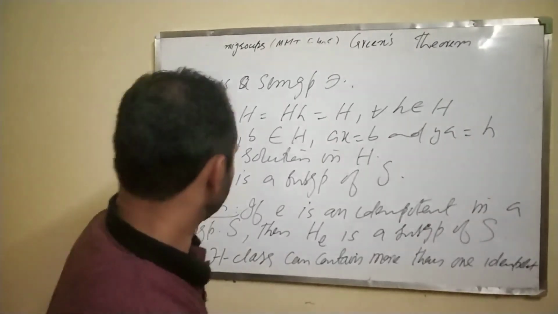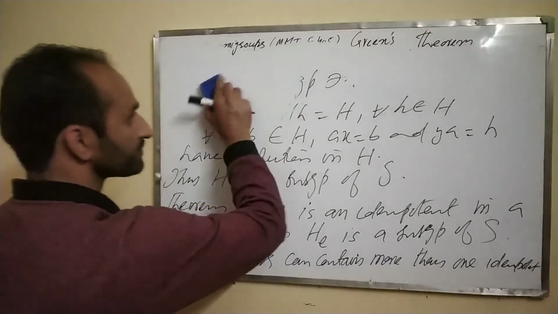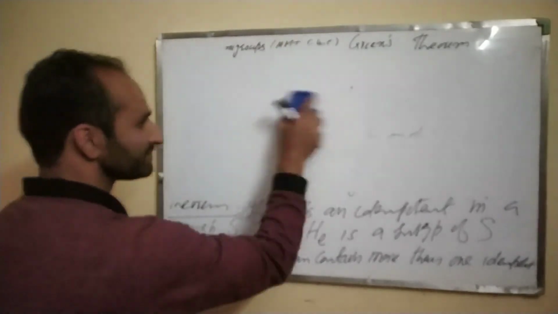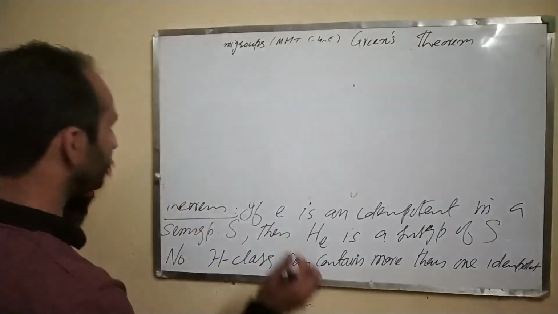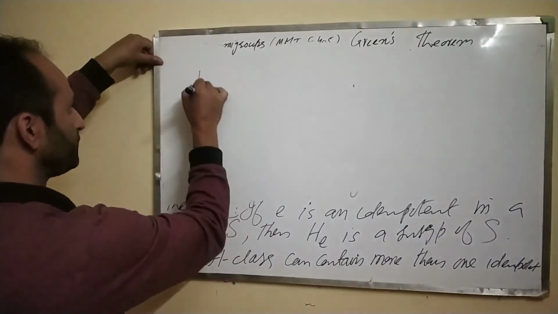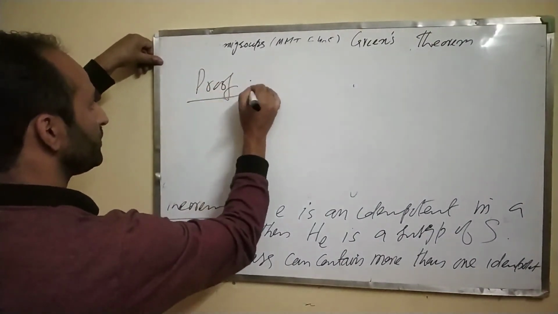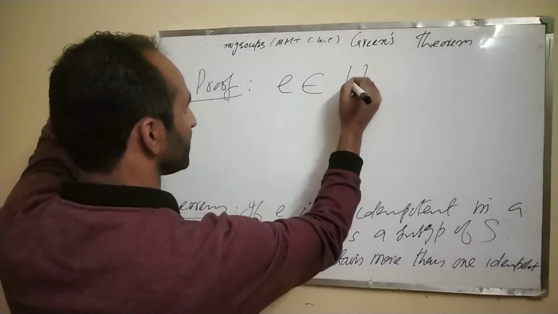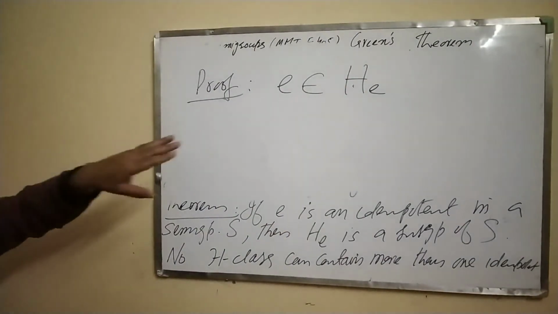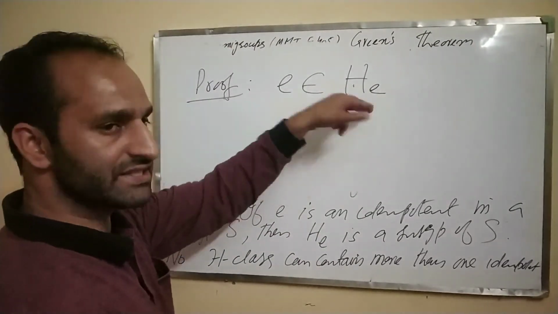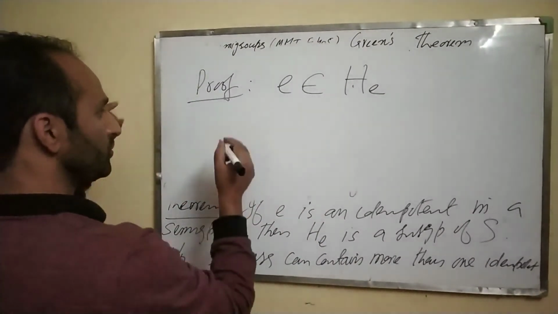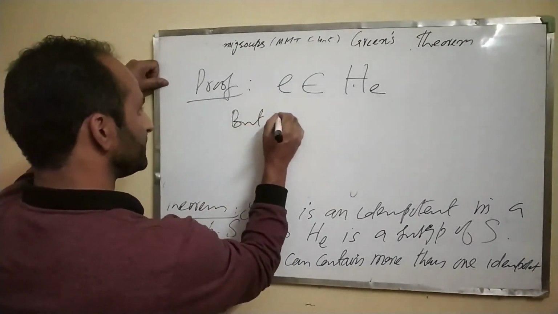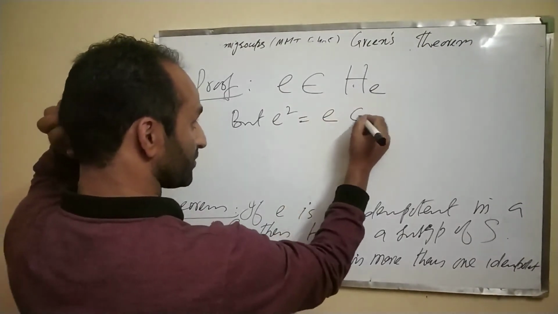Okay? So let me prove this theorem, which is again simple. Now you can see this. We have this E idempotent. It belongs to the H class of E. It's an equivalence class of E. It contains E at least. But E square is equal to E. It also belongs to H square.